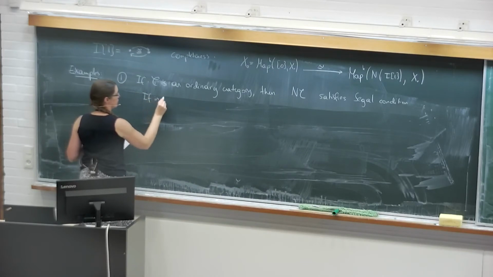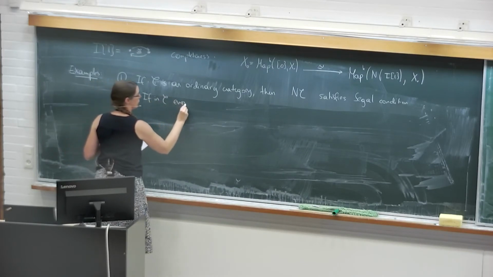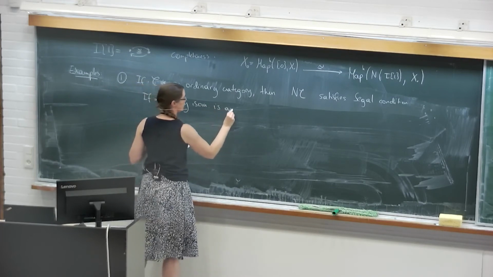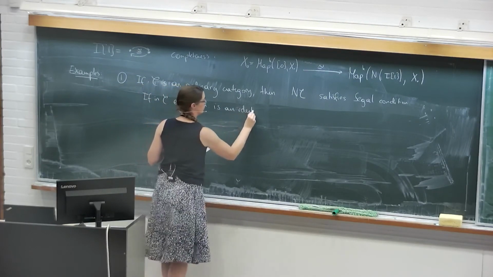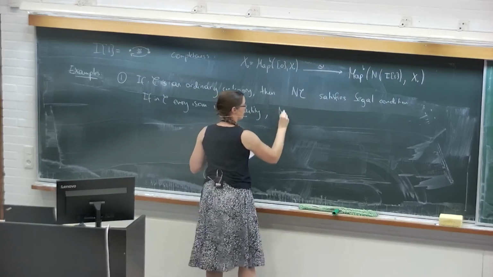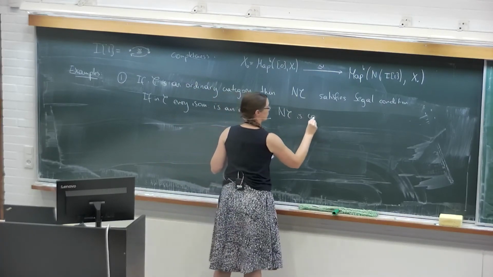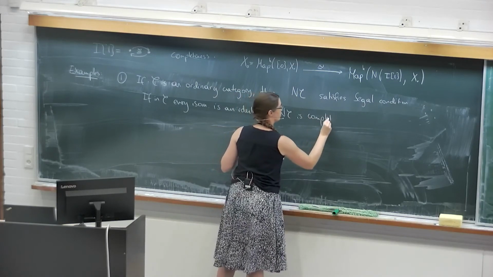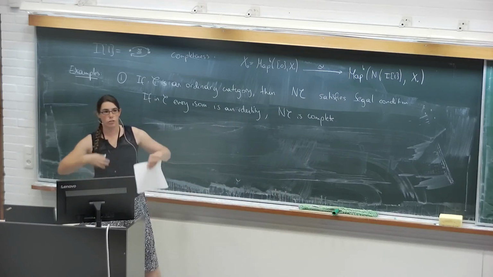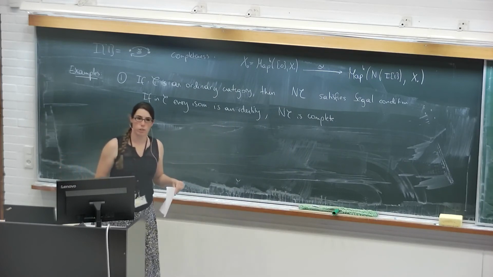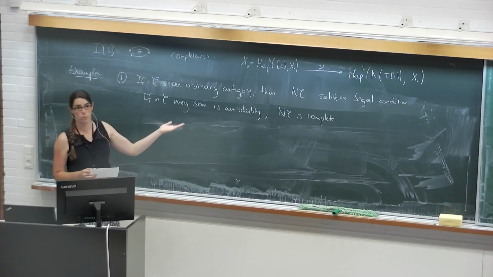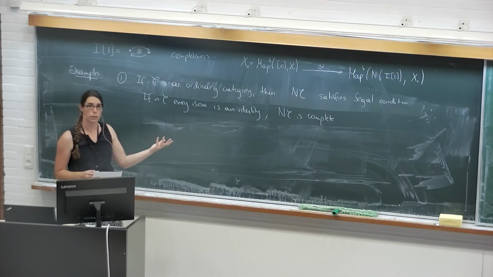If in C every isomorphism is an identity, then NC is complete. The normal nerve, the way you know it and love it, in general will be a Segal space, but it won't be complete.